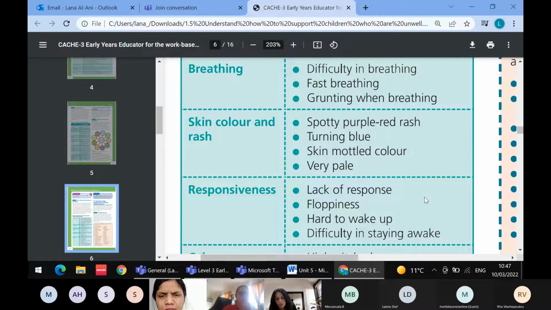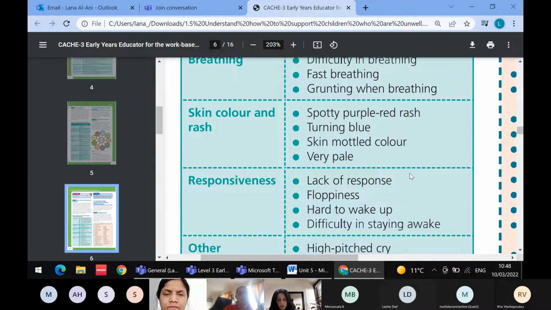Maybe they have something in their breathing; the blood is not circulating very well. That's why they are blue. Whenever the skin changes color rapidly, like suddenly red or suddenly blue or yellow, this is very dangerous. We need to ask what is the reason why that is happening.